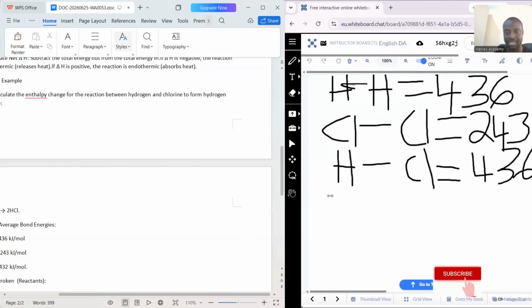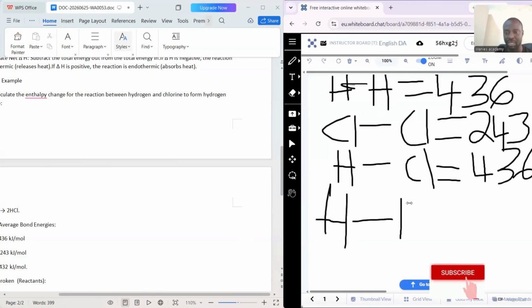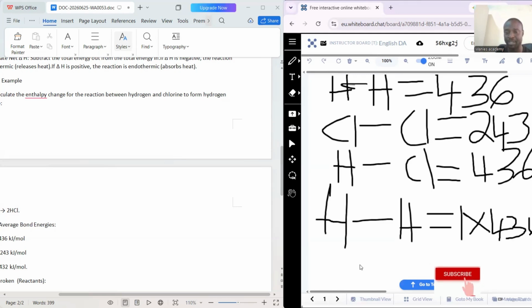So that will give us 1 mole of hydrogen times the average bond energy, which is 436. This is the energy input, the energy added to the system for the breaking of bonds between the reactant particles.